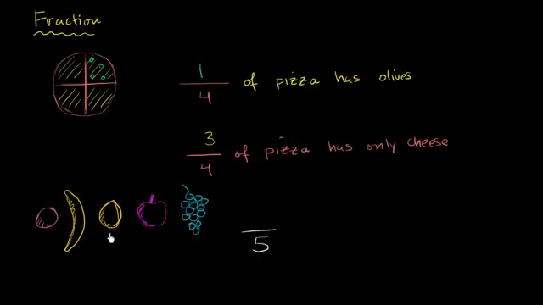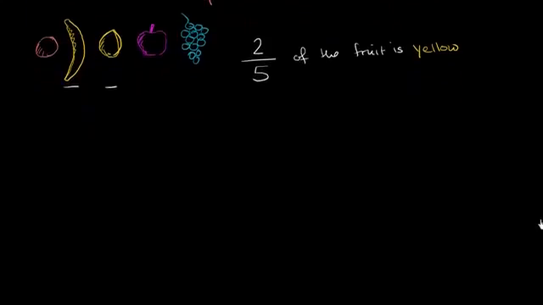And then what fraction of those pieces of fruit are yellow? Well, the way I drew it, I have 2 yellow pieces right over here. So we'd say 2/5 of the fruit is, and it's strange that I'm writing this in white, so I'll write it in yellow, yellow. 2/5 is yellow.